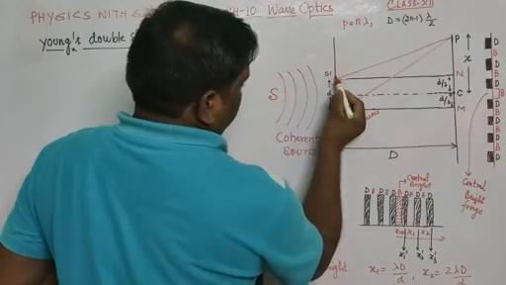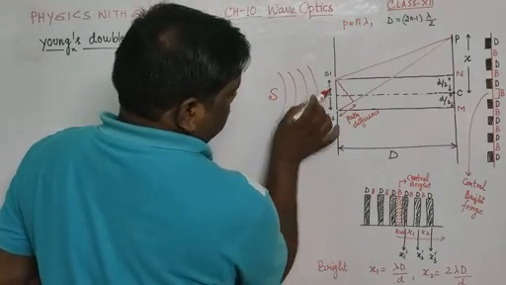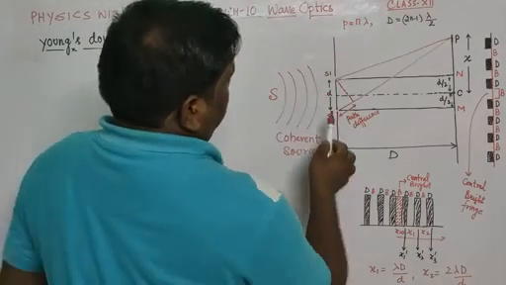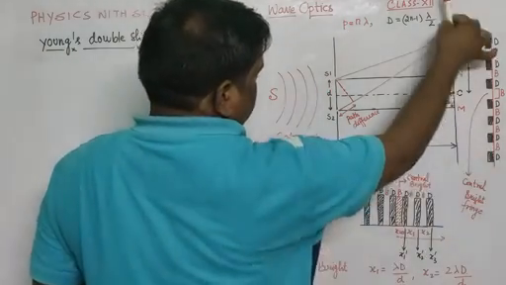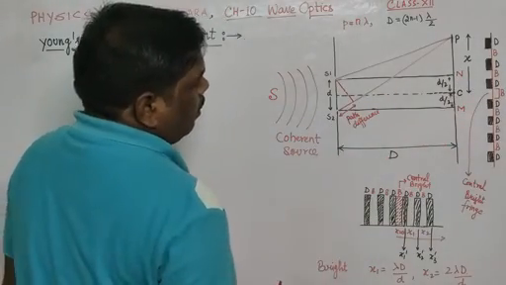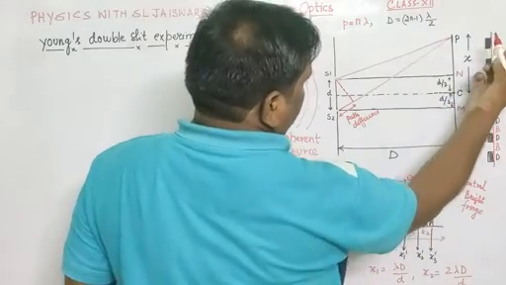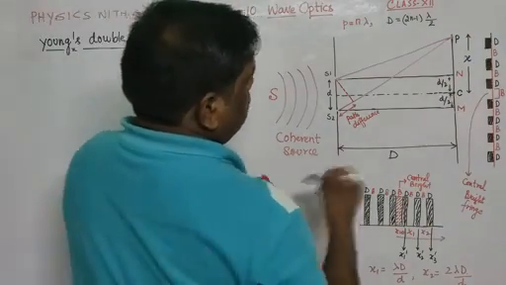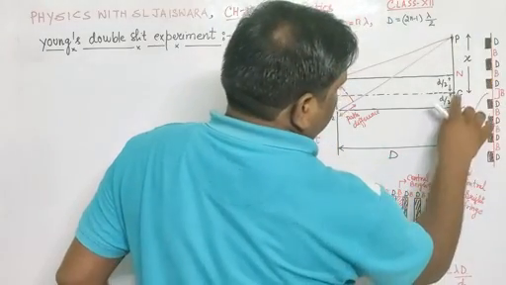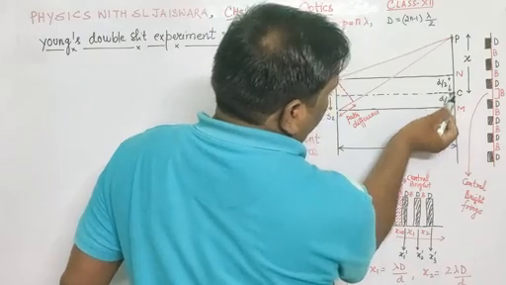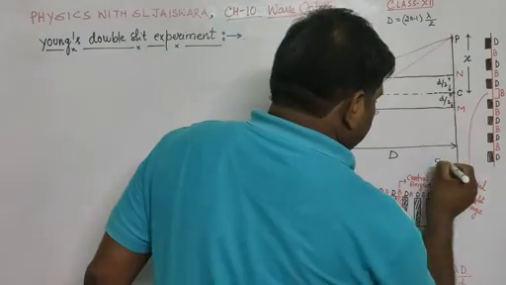This is slit number 1 and this is slit number 2. They are separated by a small distance, small d, and suppose this is the screen, which is D units away from the slits, and on this screen suppose there is a point P which is x units just above the central point of the screen. You may write here screen.